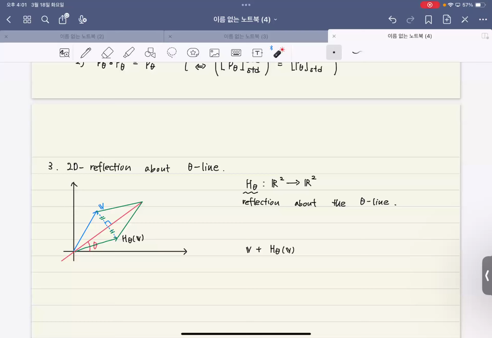This is a very interesting observation. If you look at the parallelogram spanned by the vector V and H theta of V, then this is not just a parallelogram, but precisely a diamond. Therefore, if you multiply this vector by 1/2, then the resulting vector starts from the origin and ends precisely at the center of the diamond.